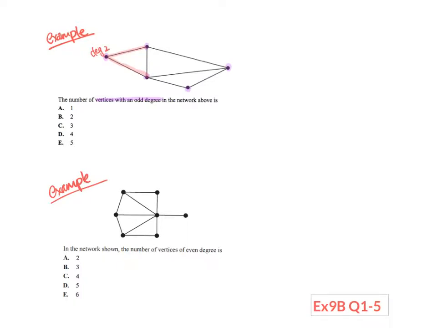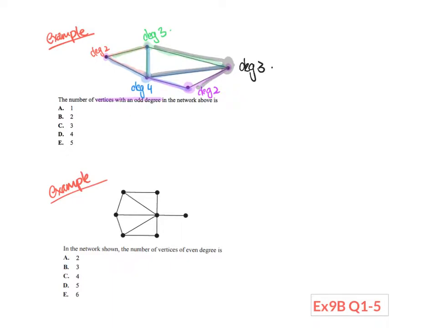This vertex here has 1, 2, 3, so a degree of 3. This vertex here has 1, 2, 3, 4, so a degree of 4. This vertex here has a degree of 2. And this final one over here has 1, 2, 3, so a degree of 3.